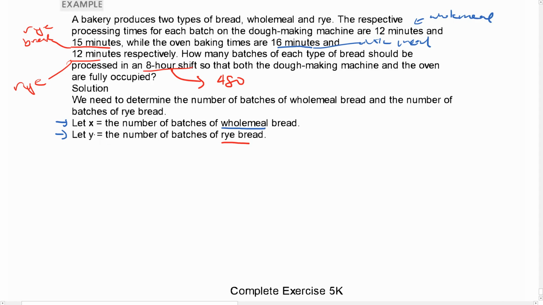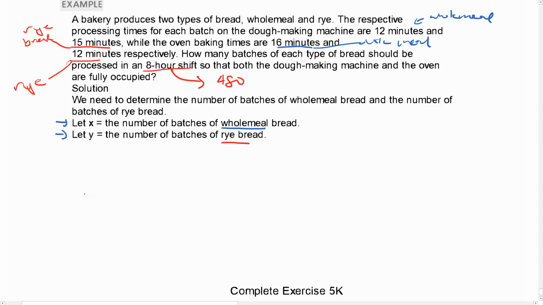So for the first part there, let x represent the number of batches for the wholemeal bread, and let y represent the batches for the rye bread. So for the first part, you know that it takes 12 minutes for one batch of wholemeal to be mixed in the dough making machine.